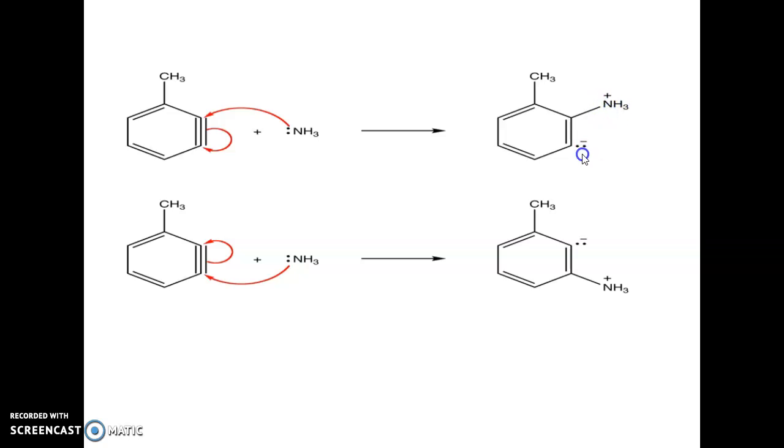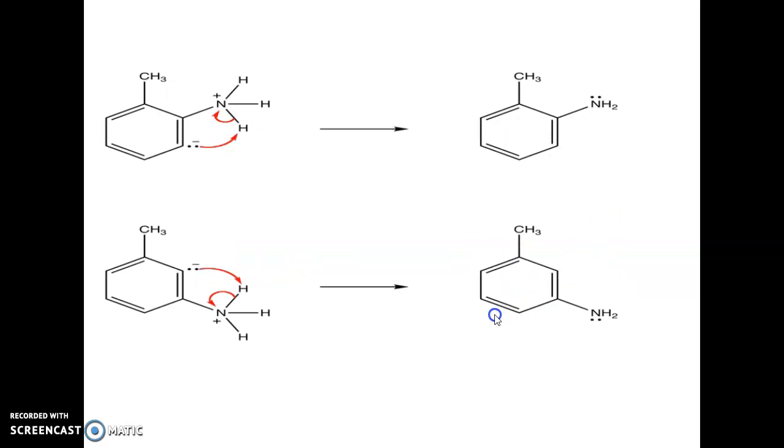Further, this NH3 loses one proton to this carbon and forms the product. Similarly, this NH3 can donate electrons to this carbon also, which leads to the formation of an electron rich carbon, and as a result this NH3 donates one proton and gives the stable product.